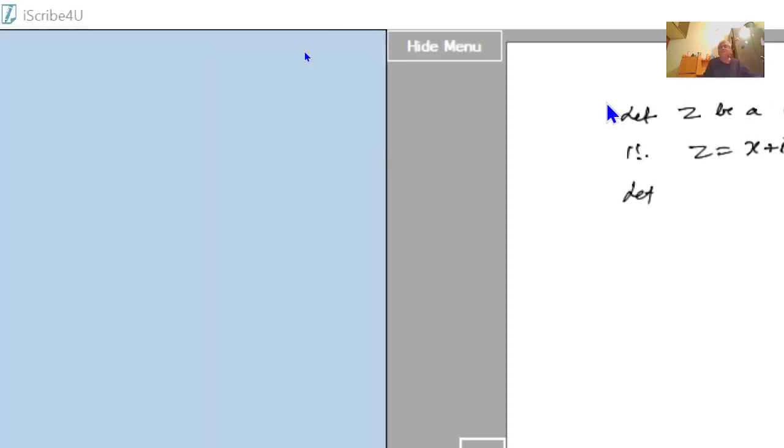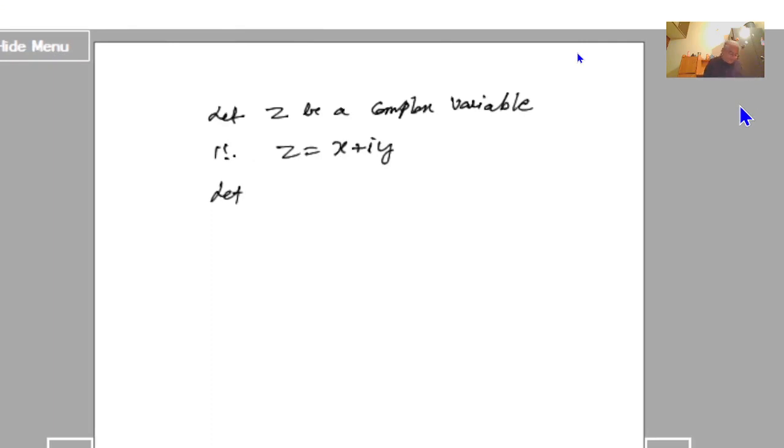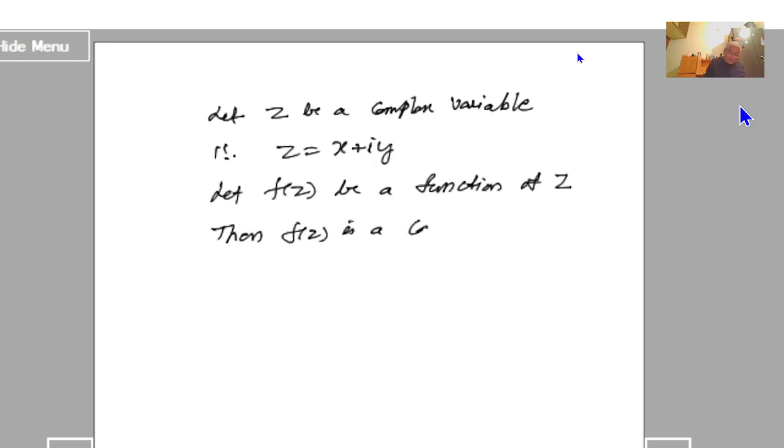And let f of z be a function of z, then f of z is a complex valued function.